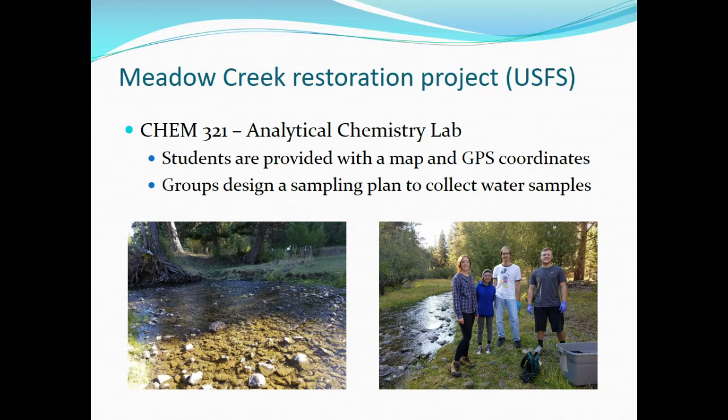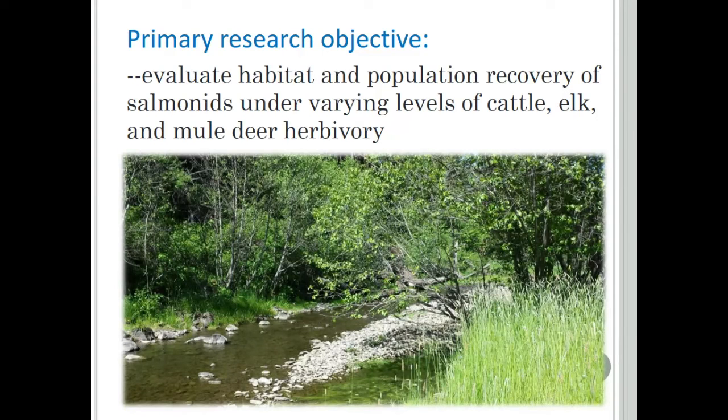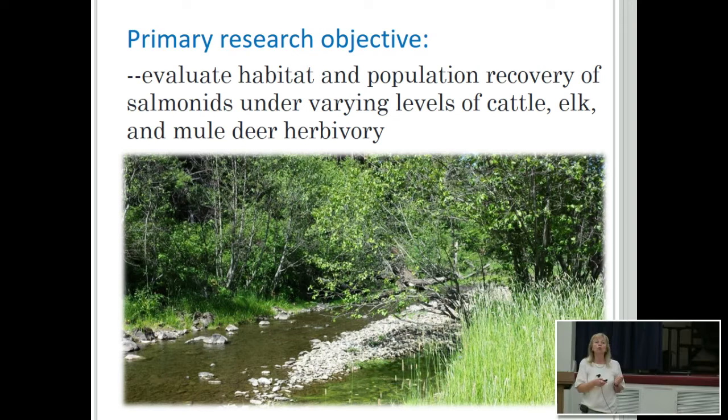So we have a partner, Dr. Mary Rowland, who has come to my class different times, and she's actually discussed what this project of Meadow Creek, which is a stream, is all about. So the US Forest Service project is to look at stream remediation.